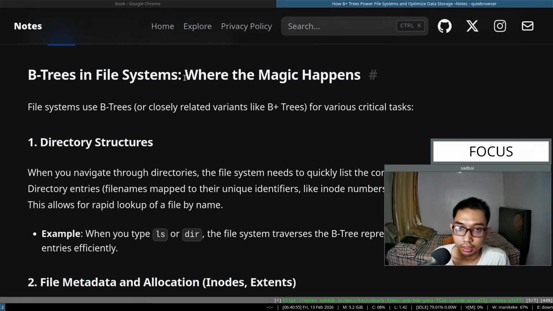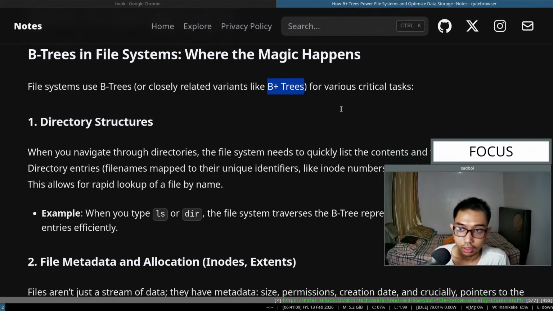B-trees in file systems, where the magic happens. File systems use B-trees or closely related variants like B+ trees for various critical tasks.